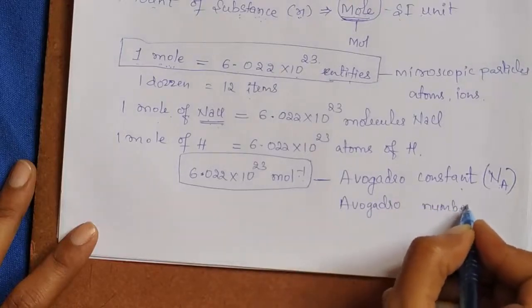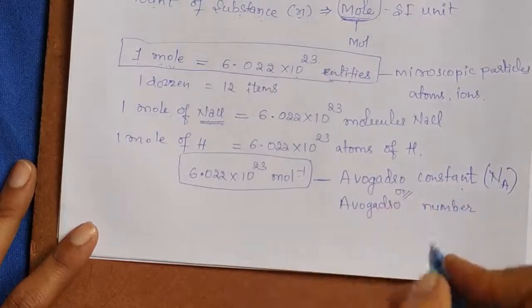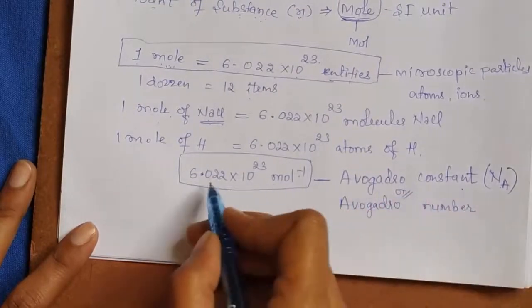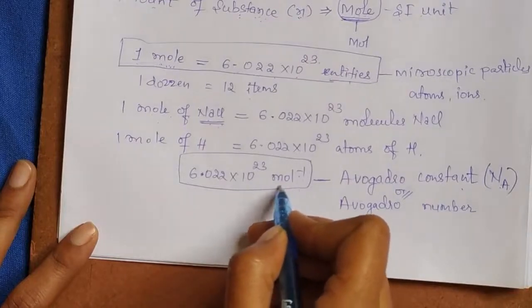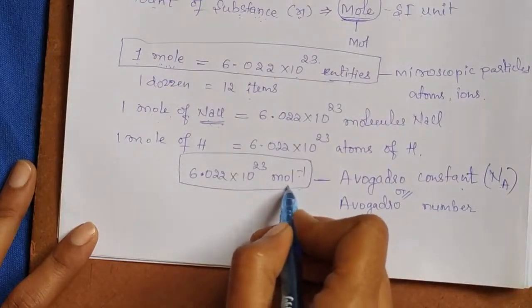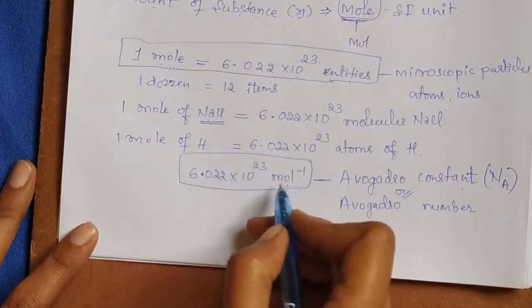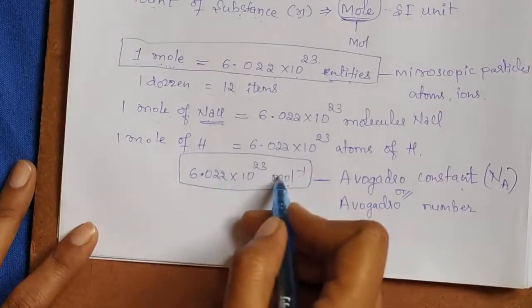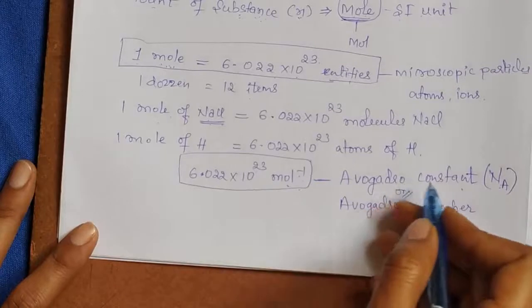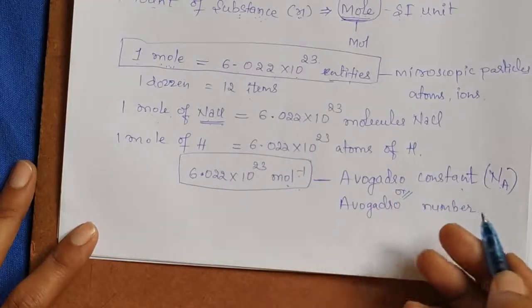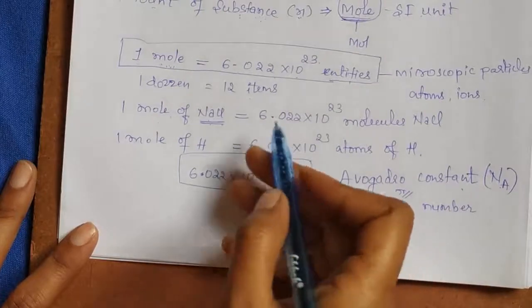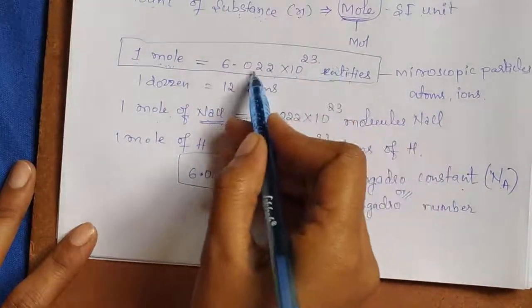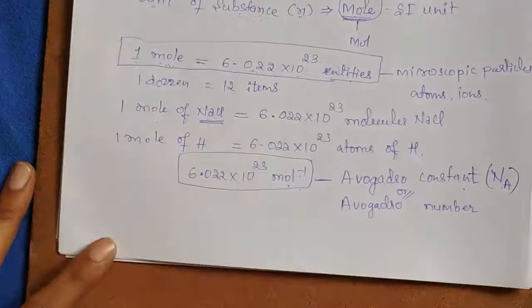This value is constant. Avogadro constant means 6.022 into 10 raised to 23 per mole. If you mention this unit after the numerical value, then it is the Avogadro constant or Avogadro number. If you are not mentioning the unit, then this numerical value is equal to 1 mole.